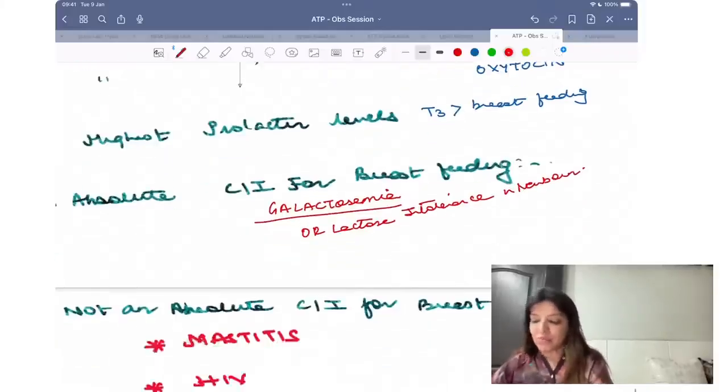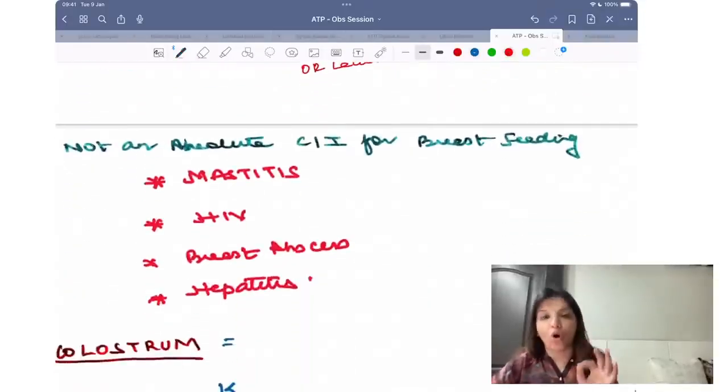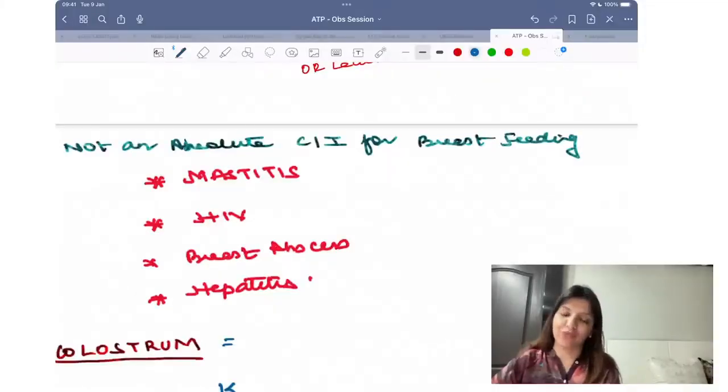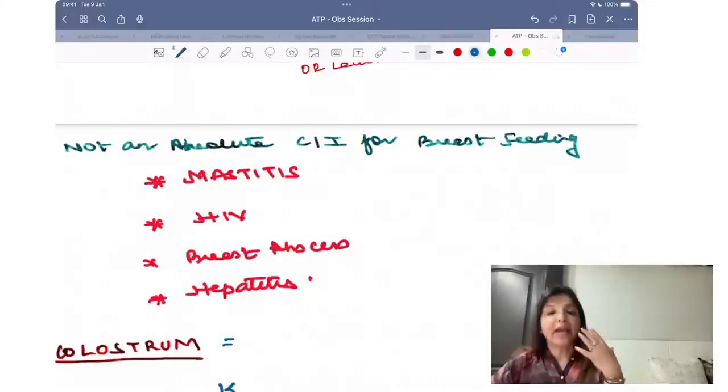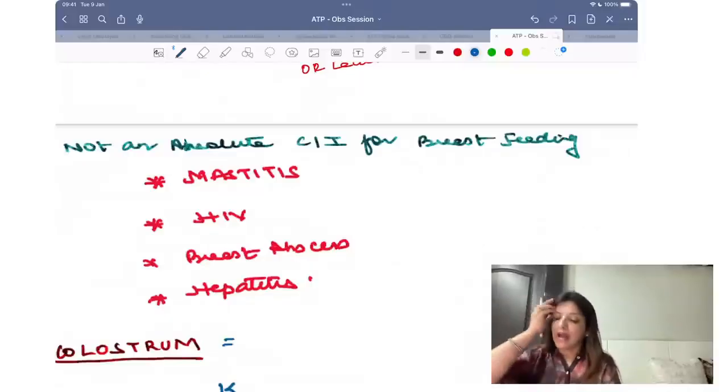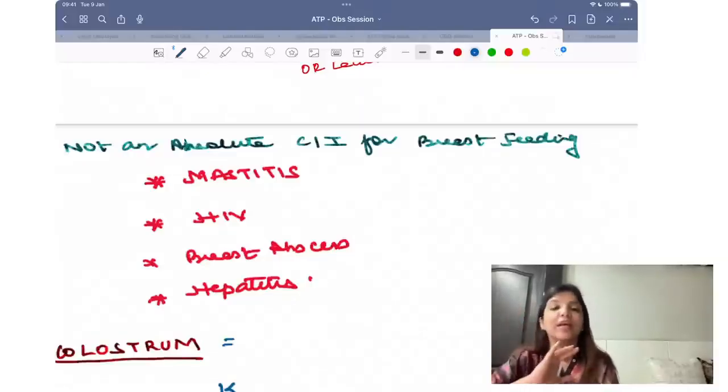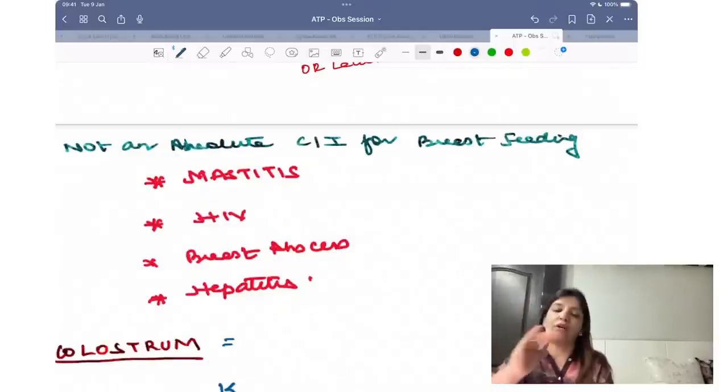Now, please remember, the following are not a contraindication for breastfeeding. Mastitis is not a contraindication for breastfeeding. HIV in our country is not a contraindication. Hepatitis is not a contraindication. And breast abscess is not a contraindication. These are not a contraindication for breastfeeding.